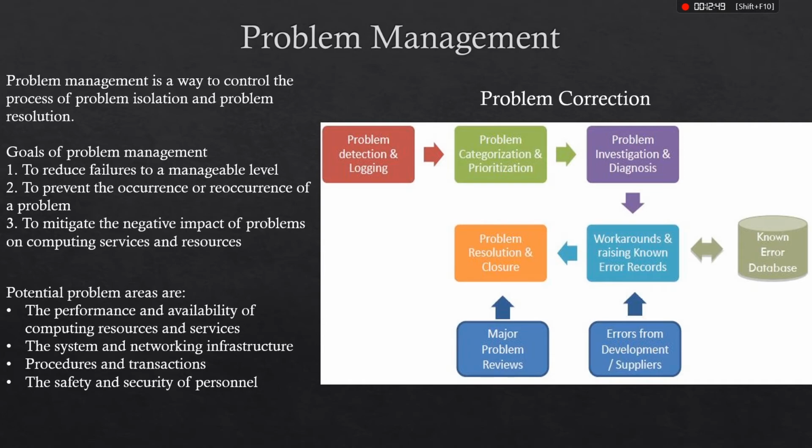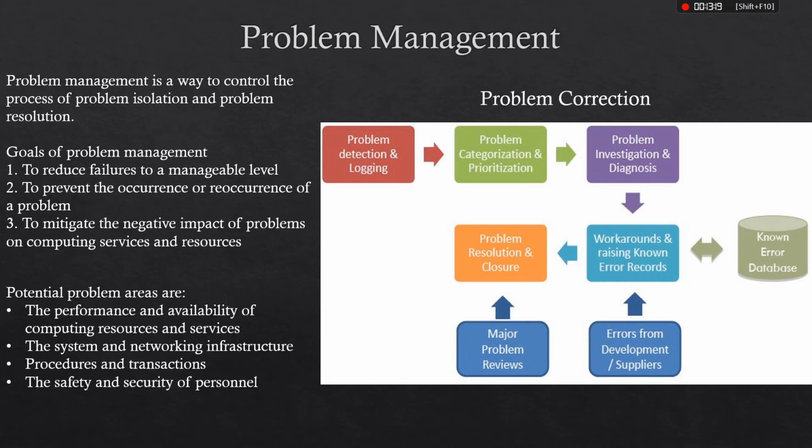So some of the areas you would want to look for problems are the performance and availability of computing resources and services, the system and networking infrastructure, some procedures and transactions, and the safety and security of personnel. And now we have a problem correction workflow.